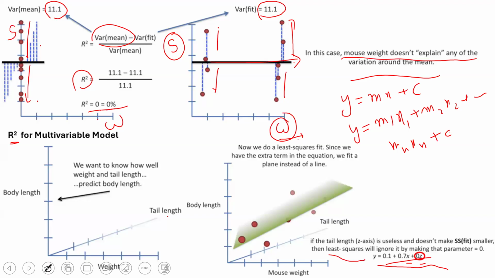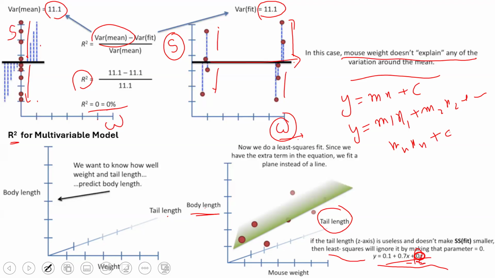If you look at this, suppose the body length of these mice is not explained by the tail length. If there is no relationship between the body length and the tail length, and none of the variance in the body length is explained by the tail length, then that will be multiplied by 0. That parameter will be ignored by making it equal to 0.